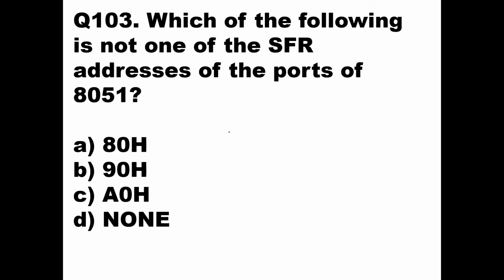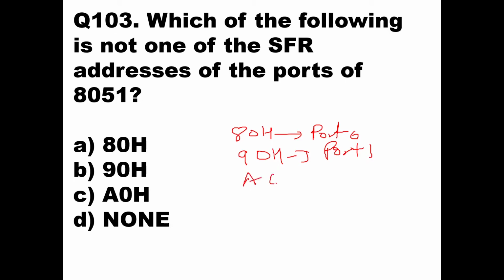Here we know that 80H is the address for port 0, 90H is the address for port 1, A0H is the address for port 2, and B0H is the address for port 3. Okay, now these are the addresses.